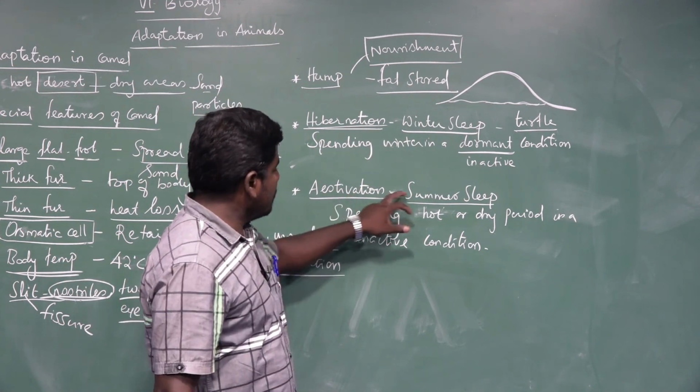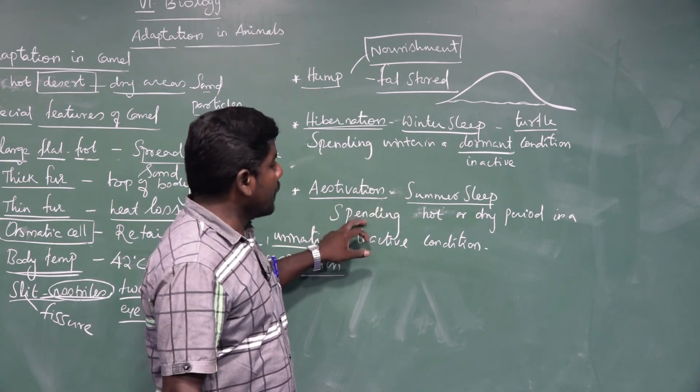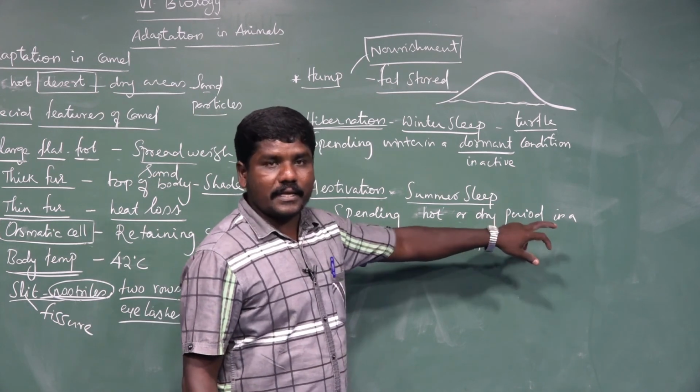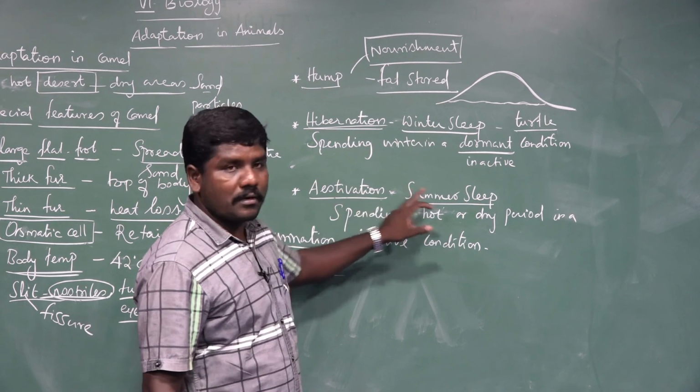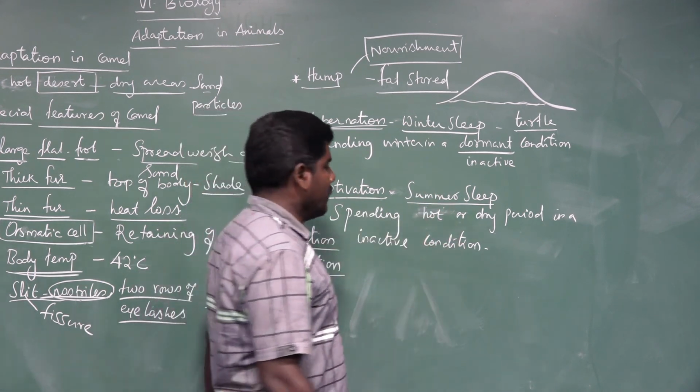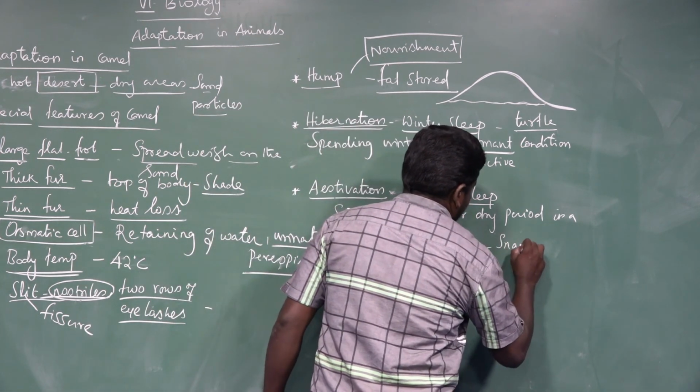When an animal spends hot or dry periods in an inactive condition, that is called aestivation or summer sleep. For example, snail.